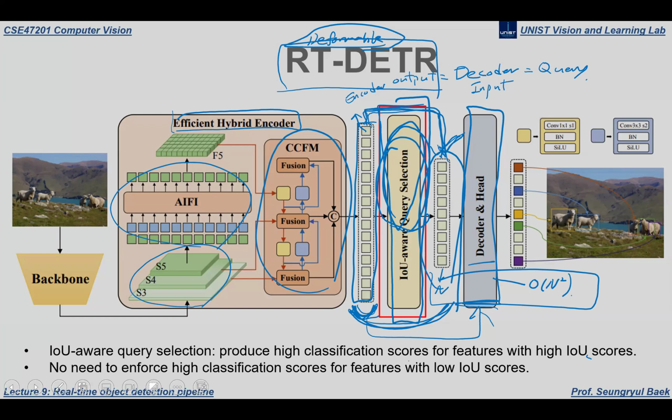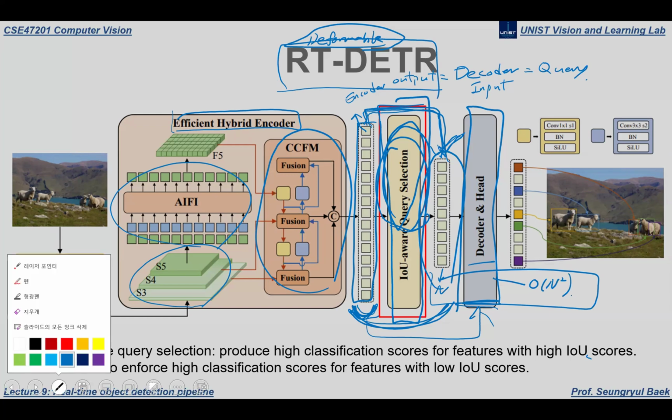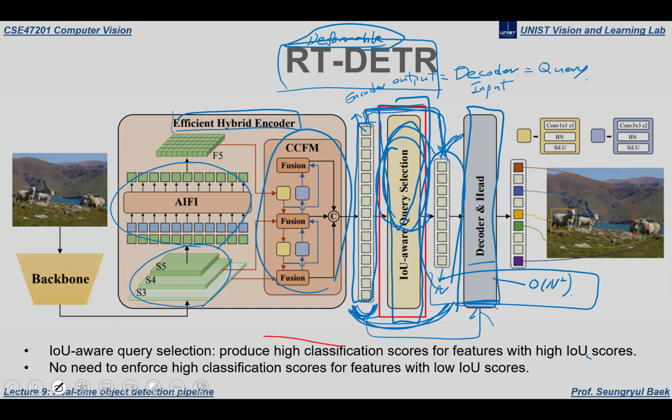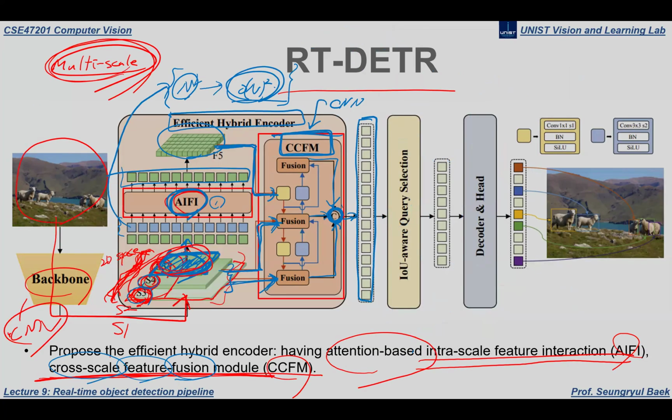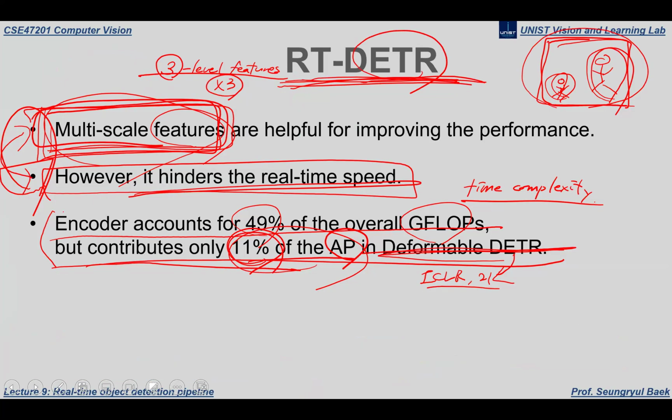Okay, so the important message here is, multi-scale features are incorporated in the RT-DETR, but by applying attention to the small scale features and combining the larger scale features using CNN operation, which is efficient, the encoder becomes efficient.